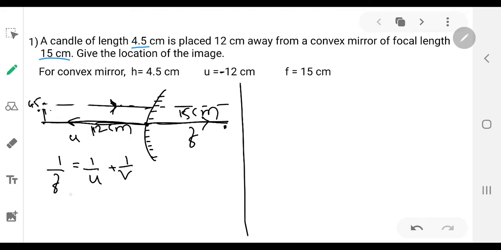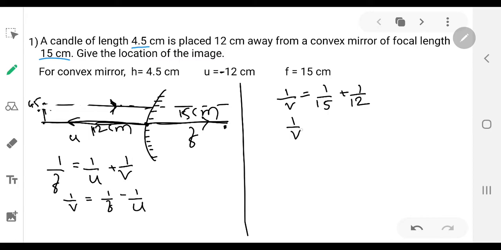So rearrange the equation: 1 by V is equal to 1 upon F minus 1 upon U. So 1 upon V is equal to 1 upon 15 plus 1 by 12.